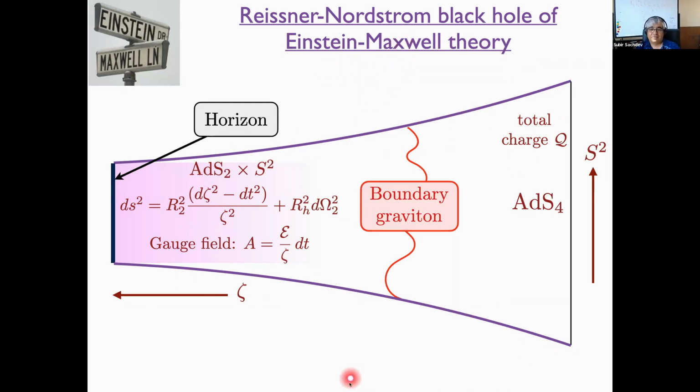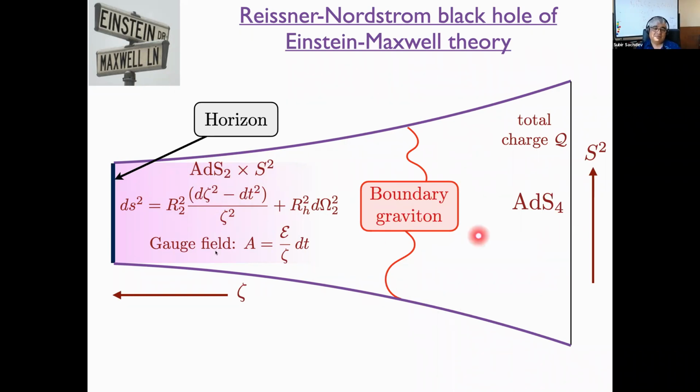It has the following structure. Near the horizon, there's a 2-dimensional section that's most important, which has an AdS2 metric. And there's an S2 part, which we just ignore because it doesn't affect the low temperature behavior. So at low energies, you have 2D gravity. Then there's some boundary layer, and then you go to 4D gravity.